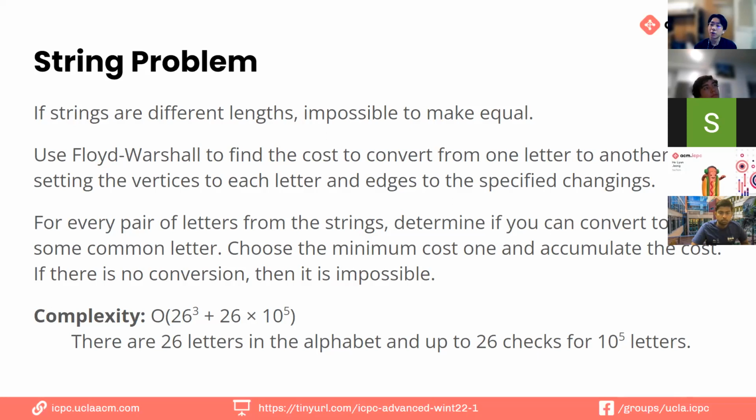Since it's only 10 to the 5, we can consider all 26 possible characters to converge at, and check all of them for every single pair. So it's just 26 times 10 to the 5 operations, basically.